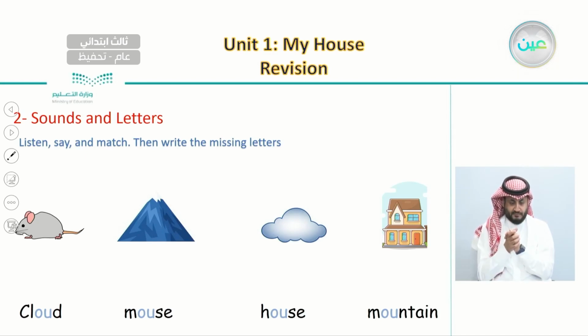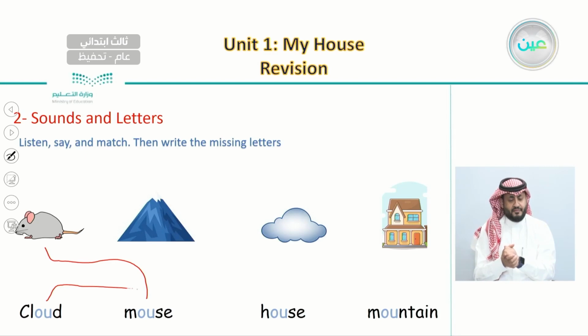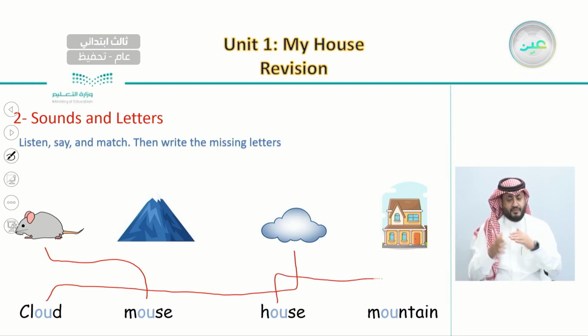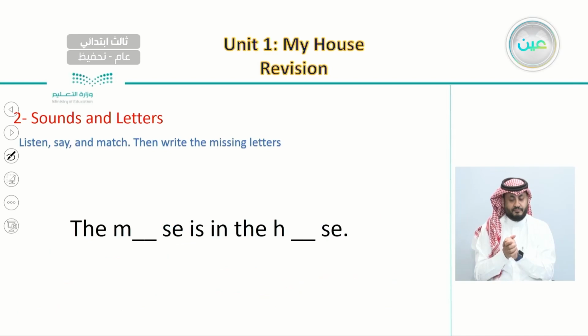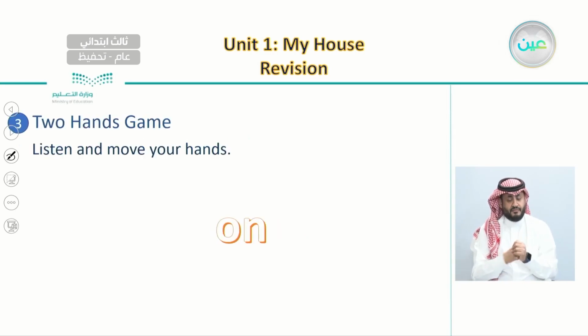After this, we matched each of these words to their right picture. We said cloud goes here, and house here, and mountain goes to this picture. And after this, we wrote the missing letters, O and U, that we use in mouse and in house as well.